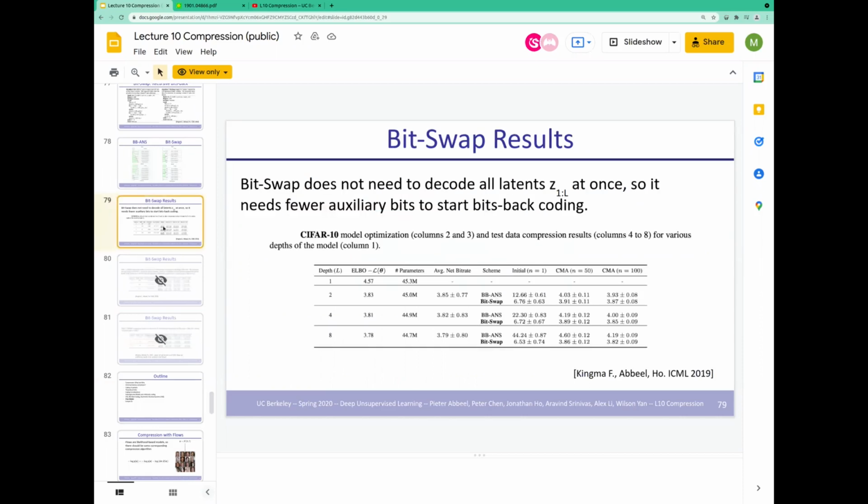Where's the results here? CIFAR 10. I don't know how they're coming up with these numbers. I don't know what the plus minus is. And the number of parameters.